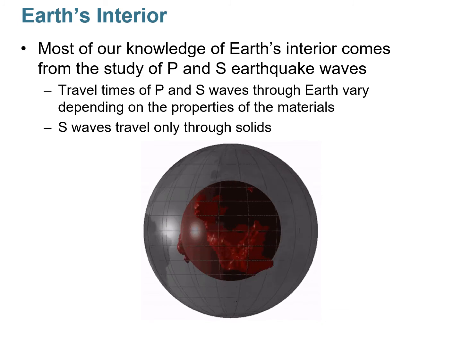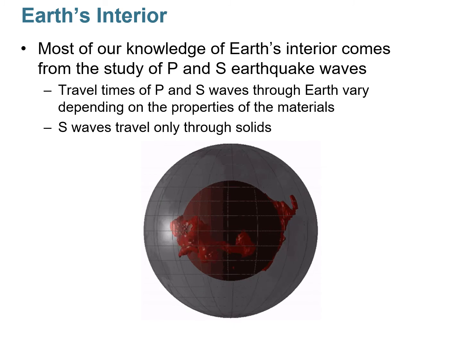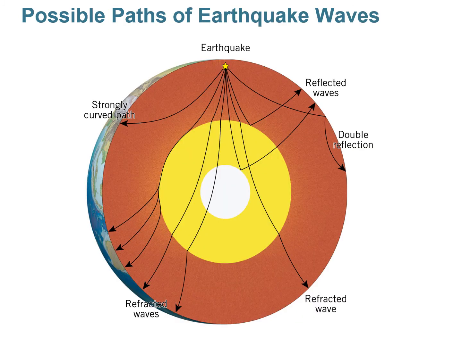So seismic waves can reveal a lot of information about the interior of our Earth. Here are some of the paths that these seismic waves go through as they move through the interior of the Earth after there's an earthquake. So for example, P waves, their velocities will slowly increase as they go through the different layers of the mantle. And when they hit the outer core right here, which is a liquid, by the way, the velocities drastically decrease.